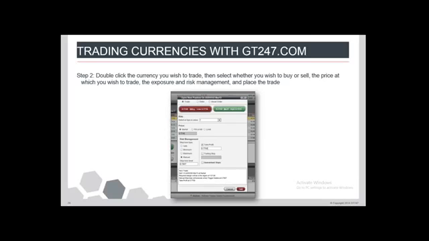Essentially, your stop loss moves in 5-point increments as your take profit moves in 5-point increments.